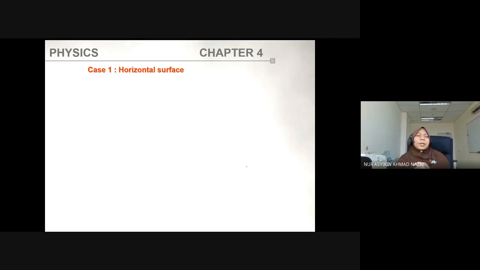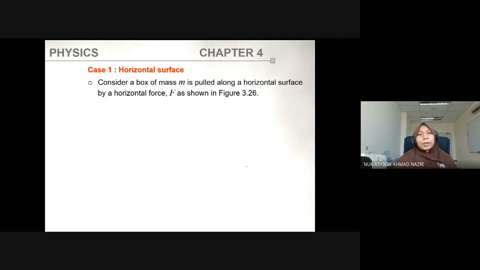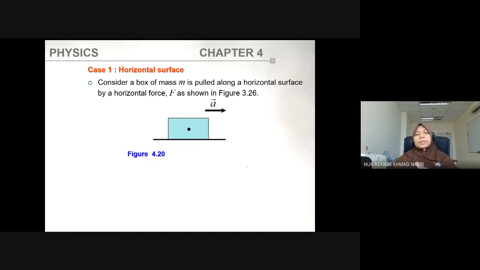Okay, and then how to derive the equation when we have some cases related to the law of motion. Law of motion, tak kisahlah first, second, third ke. Let's say we have a very simple case.